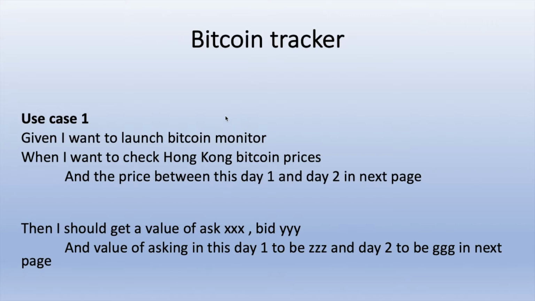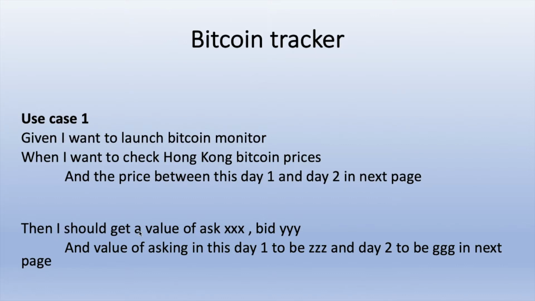Let's say that, given that I launch the Bitcoin monitor, I want to check the Hong Kong Bitcoin prices and also the price between day 1 and day 2 in the next page.